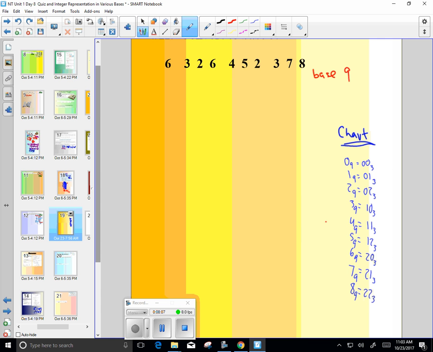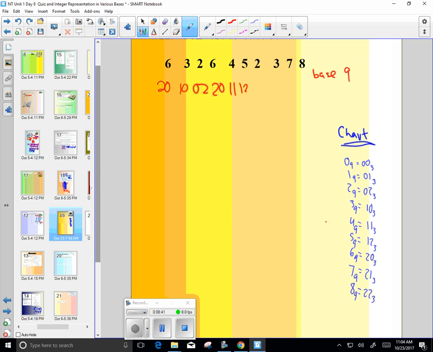Okay? And because they're base 3s, what you can do is say this is 6 base 9. I can replace it with 2, 0. This is 3 base 9. I can replace it with 1, 0. And all of these, when you just keep going down the line. Okay, let's go back here.